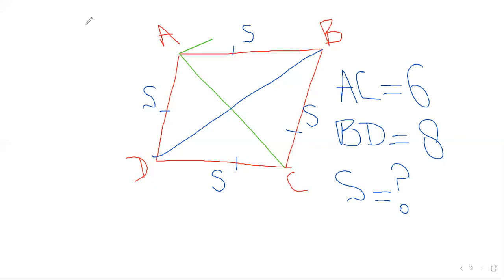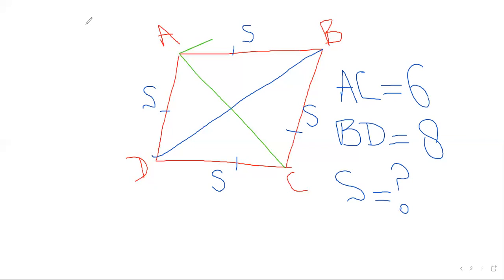Absolutely right. Your answer is correct, but I am interested in how you are getting this. Sure. What I did was, since the center is all 90-degree triangles because it all adds to 360, and AC is 6, half of AC is 3.